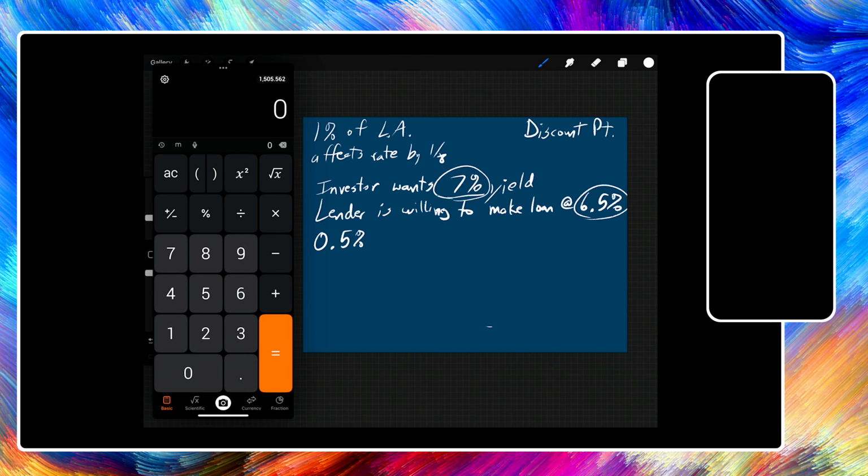We got that by saying 0.5% divided by the decimal equivalent of 1/8. 1/8 of a percent is 0.125. If you forget that, you can just plug it into the calculator, because 1 divided by 8 is that. And then that gives us that 4 number, which is the number of discount points needed.